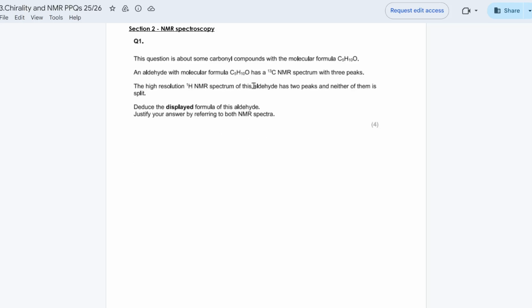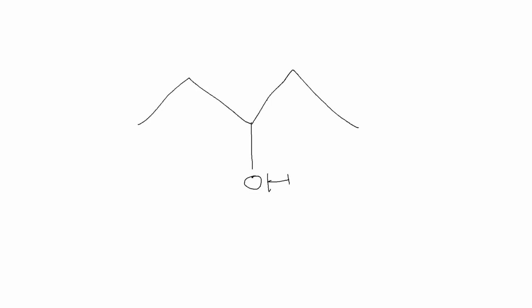We have 3 peaks. So what we've drawn will have 3 peaks. If we go back, this will have 3 peaks. If I just go back to it, you'll have 1 peak here.